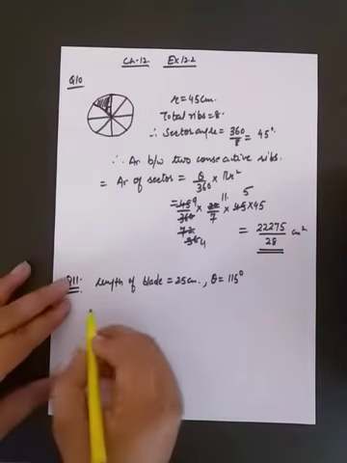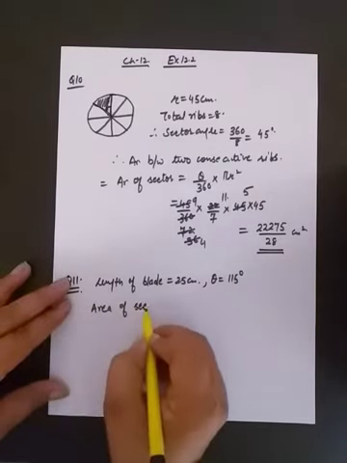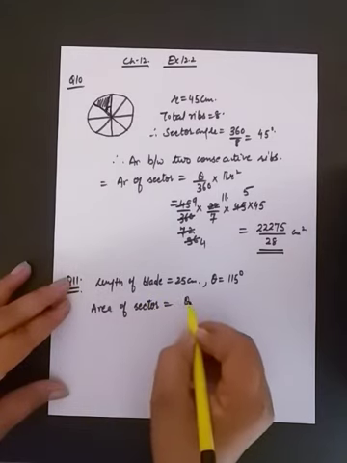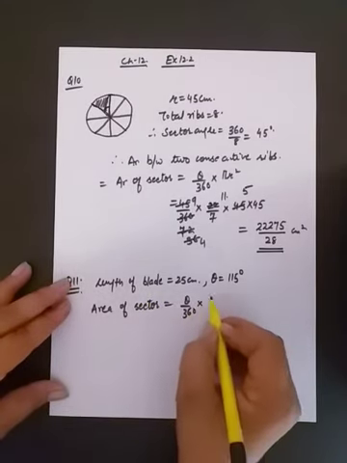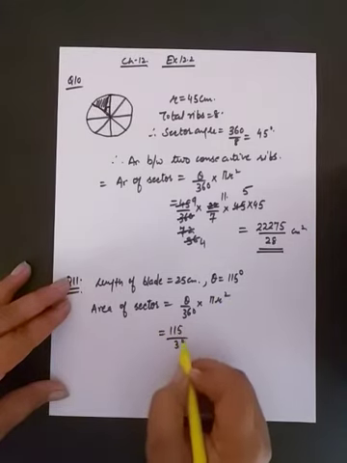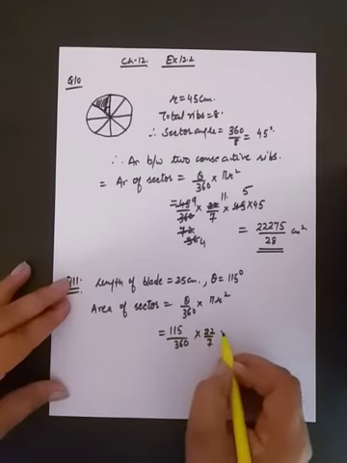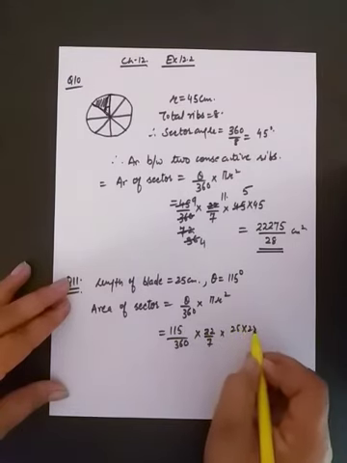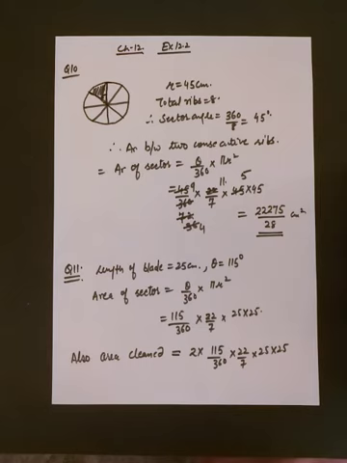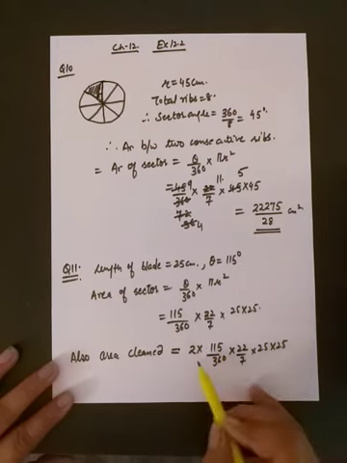So here we have to find the area of sector. Theta upon 360 into pi r square. Now theta is 115 upon 360 and pi again 22 by 7 into 25 into 25. We have to find the total area swept, so it means we will multiply the area of sector by 2.